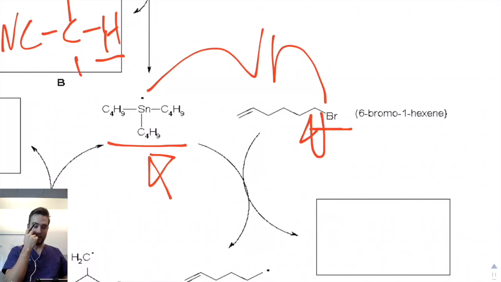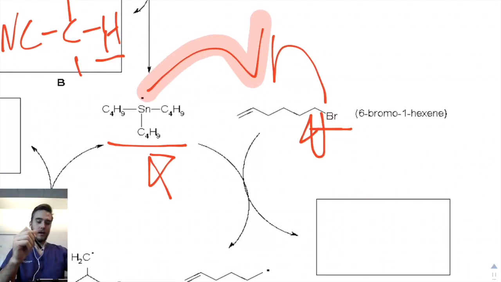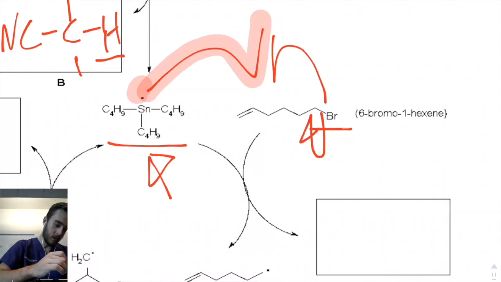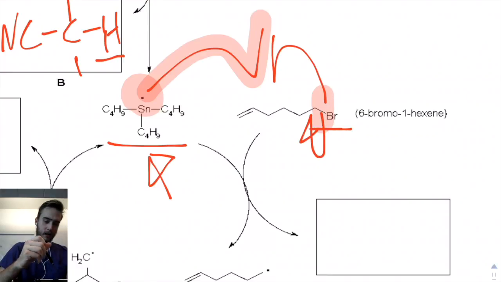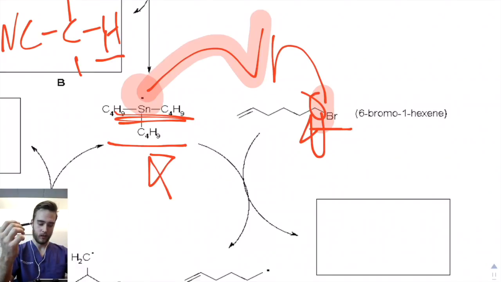So that's what happened. We see the movement of electrons, right? I'm denoting these by hooked arrows. They're not double arrows. They're hooked because it's the movement of one electron. So this electron and one of the electrons from this bond came and formed together to bond bromine to this atom right here, leaving this atom as a free radical.